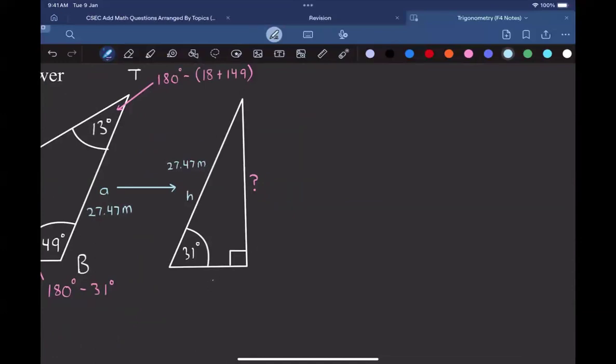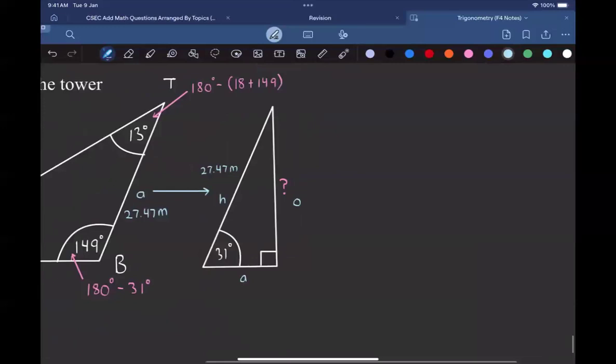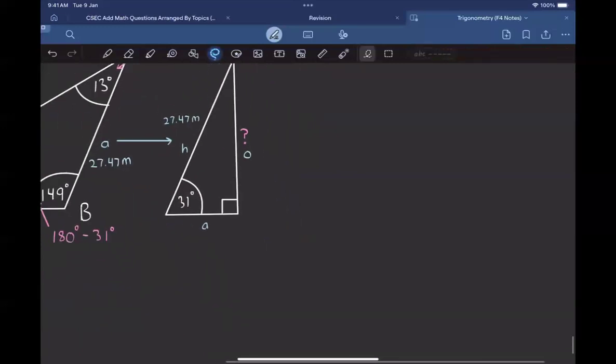Adjacent. And on this side? Opposite. How much do you want to bet somebody would think this is the hypotenuse because it was H? I feel like somebody would make a mistake. So are we going to use sine, cos, or tan?